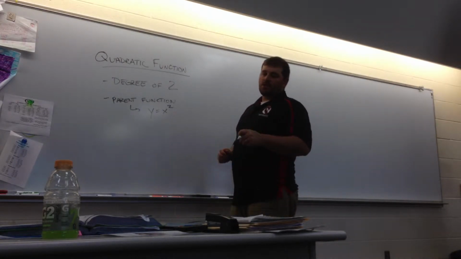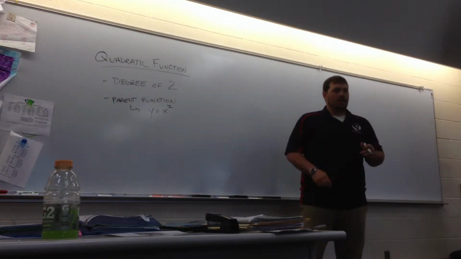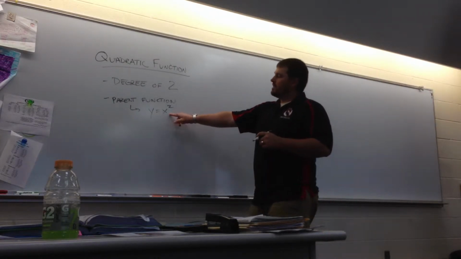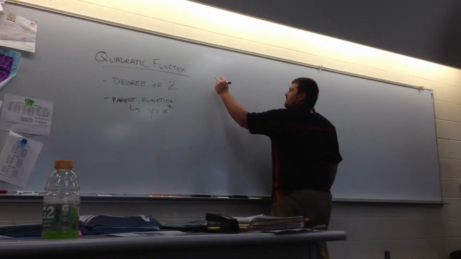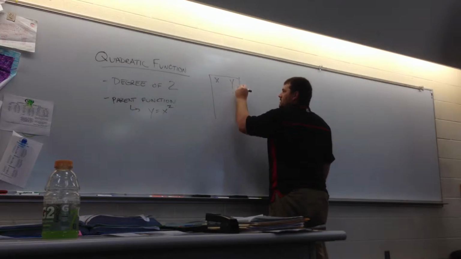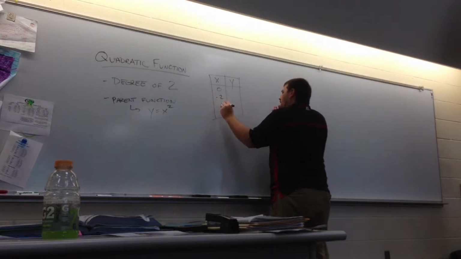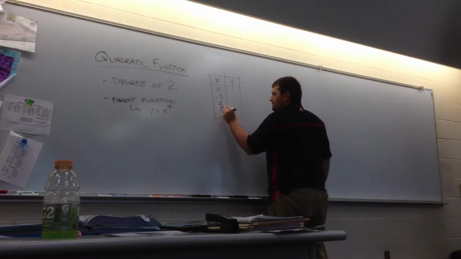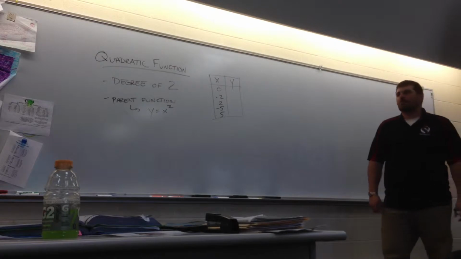So the first section of Chapter 9 talks specifically about the graphs of quadratics. If we are to graph this parent function, we make our table and pick some values, like 0, -2, 2, -5, and 5.